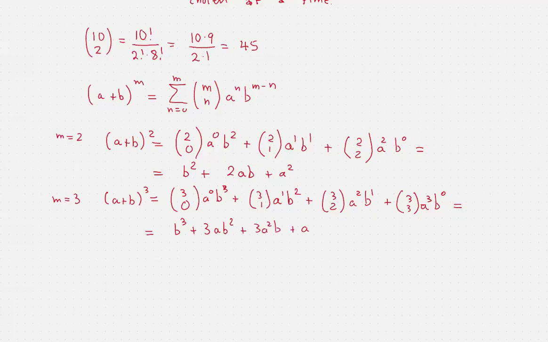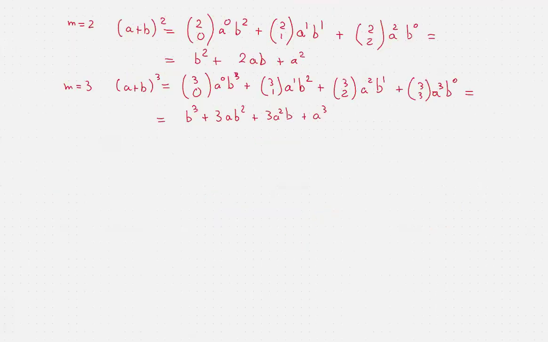Now, despite the fact that we didn't give a proof for the formula of combinations, it can be very easily justified why this expansion is so combinatorial in nature. It's because if you consider (a + b) to the mth power, then that's (a + b) times (a + b) times all the way to (a + b).